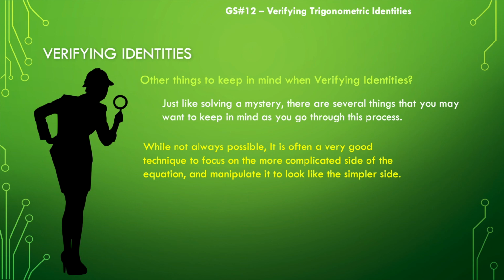When we do that, we really know where we're supposed to end up: with one side looking like the other. While that's possible, sometimes it's not always possible. What you want to do is focus on the more complicated side of the equation and then manipulate it so that it ends up looking like the simpler side.